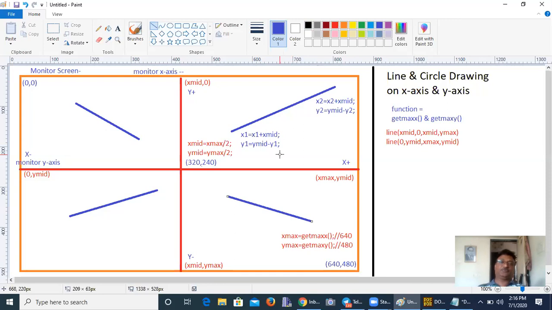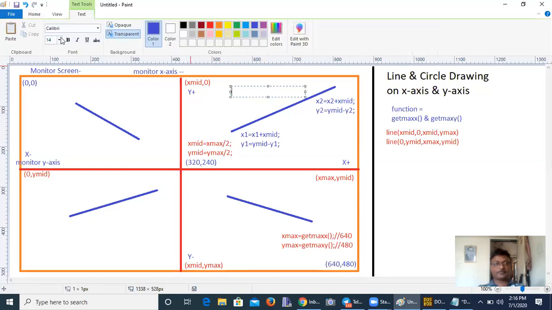Suppose the user enters negative values, both negative, then it is the third quadrant. If only x is negative, then the second quadrant, and if y is negative, then it occurs in your fourth quadrant. If both are positive, then this is the first quadrant.